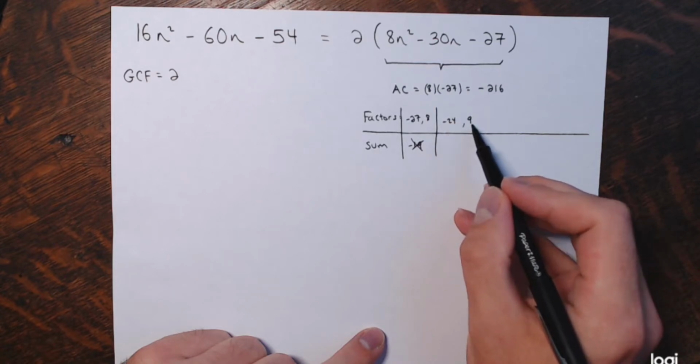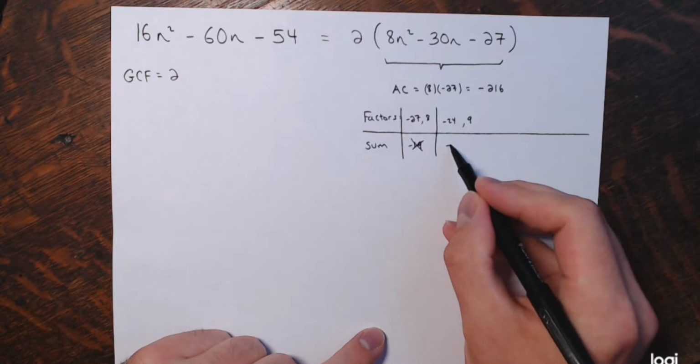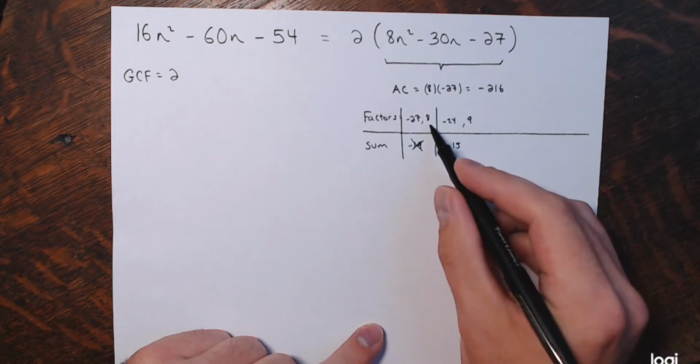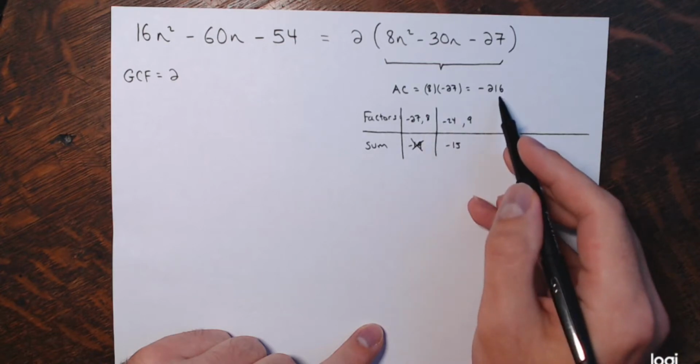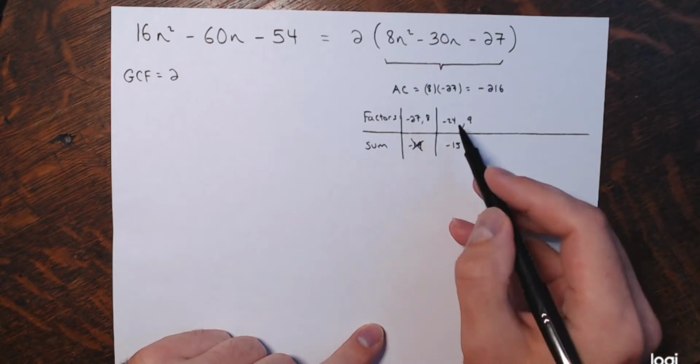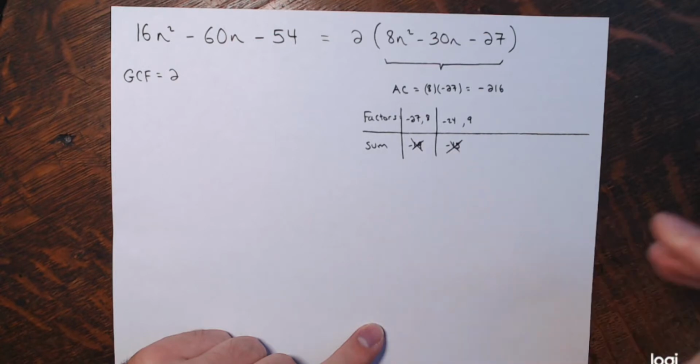These add up to negative 15. That's not as good. Maybe I should lower this. 7 doesn't go into this. Well, this is 3 cubed and 2 cubed. Pull 3's off. I'm just going to pause it and think about it and come back when I have it. Sorry.